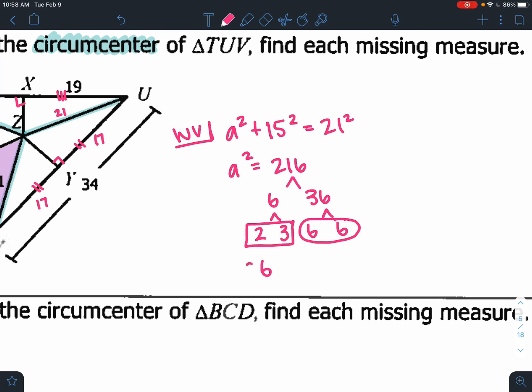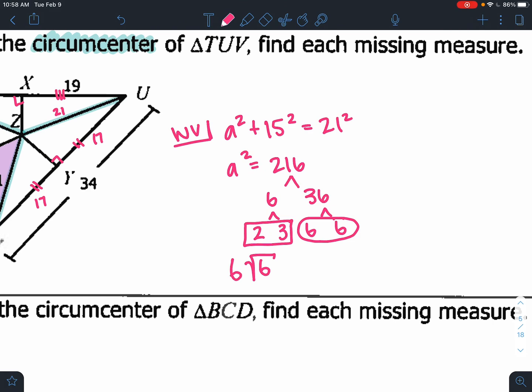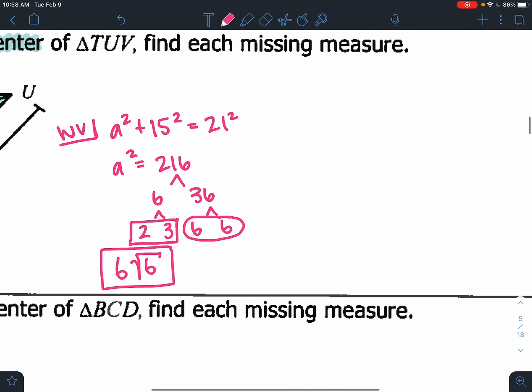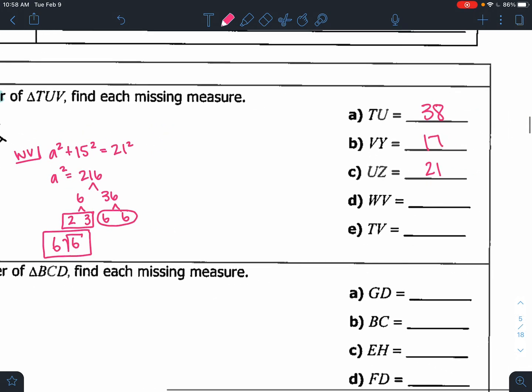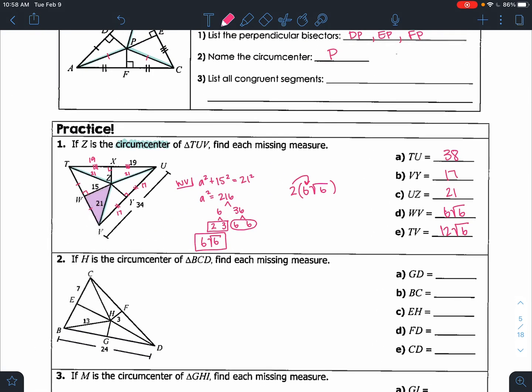So this 2 times 3 will stay home in the form of a 6, and 1 6 will leave. So VW is going to be 6 square root 6. And remember that if I do 2 times 6 square root 6, the 2 only gets applied to the outsider. So this becomes 12 square root 6 to get all the way across.